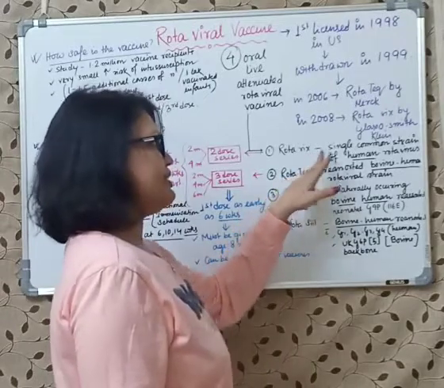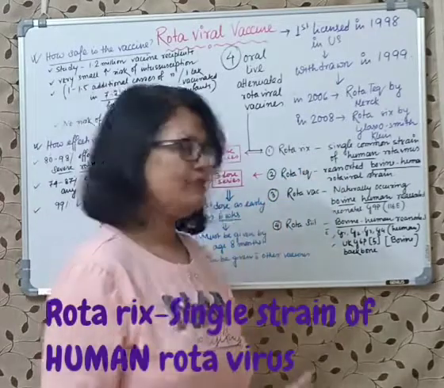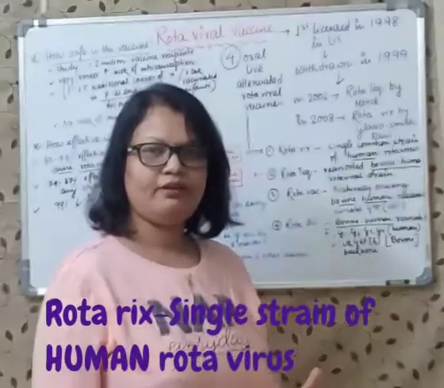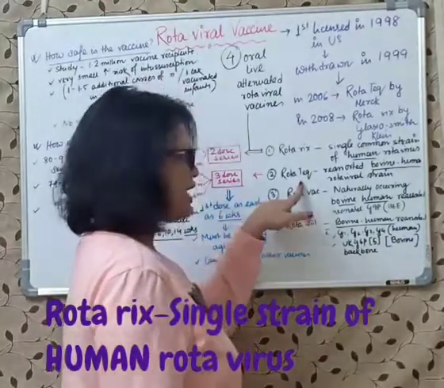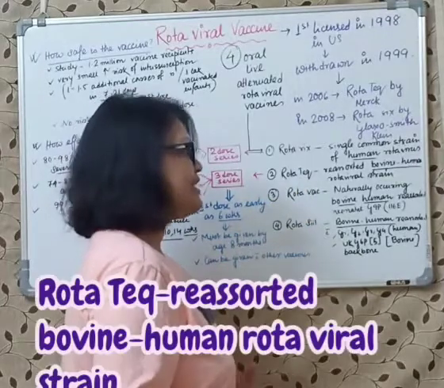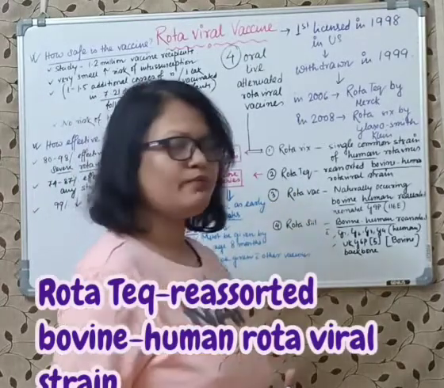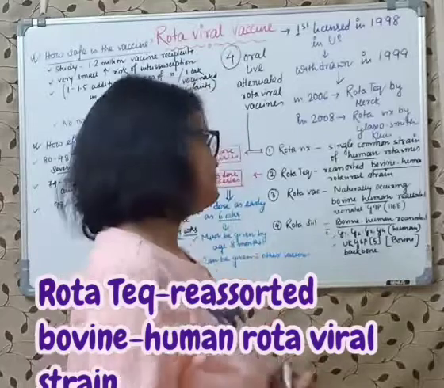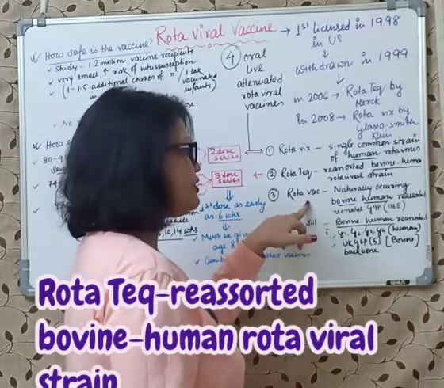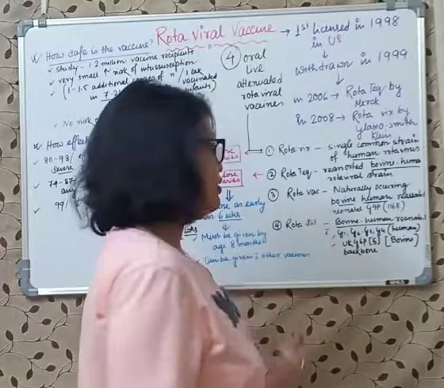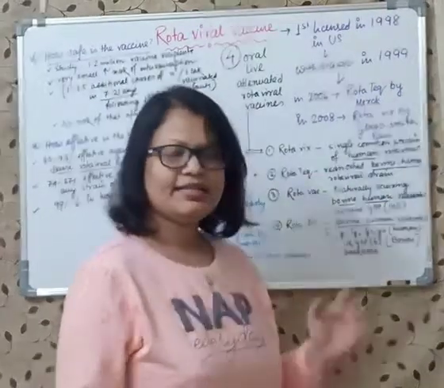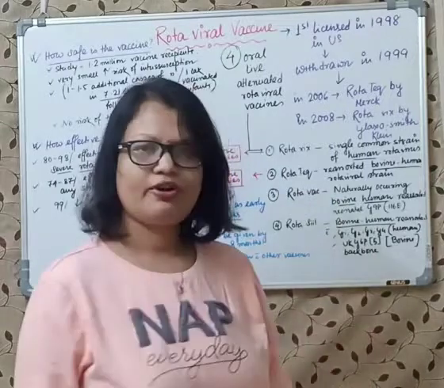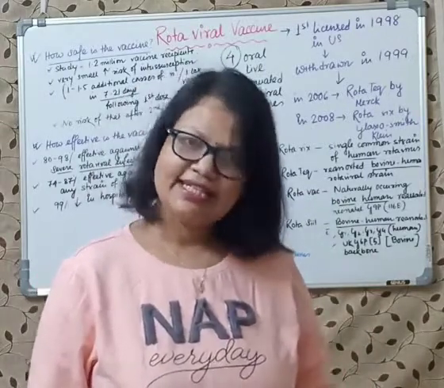Rota-Risk vaccine is derived from a single common strain of human rotavirus. Next, Rota-Tech. It is a reassorted bovine-human rotaviral vaccine. Then Rota-Vac, a naturally occurring bovine-human reassorted neonatal G9P, also called 116E.